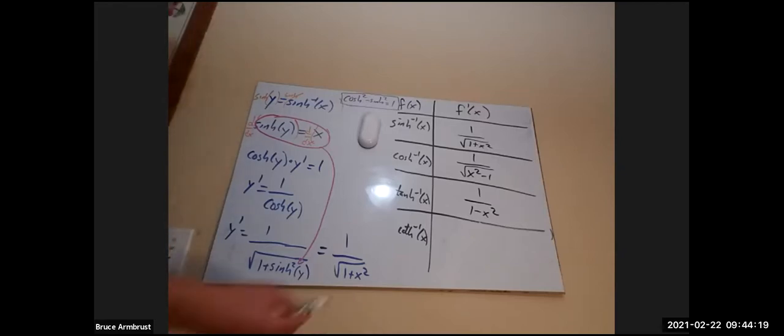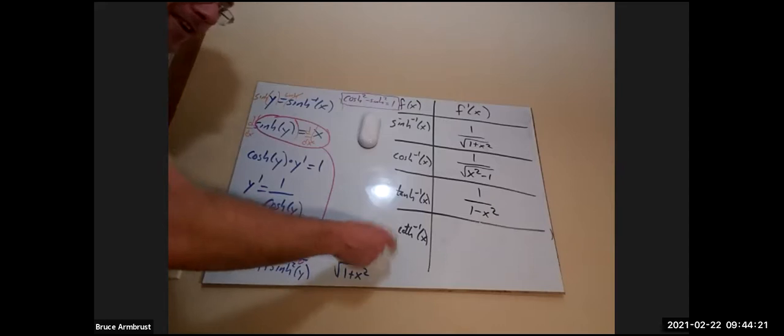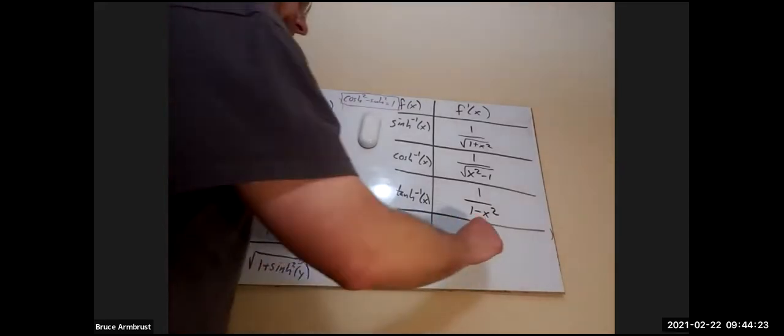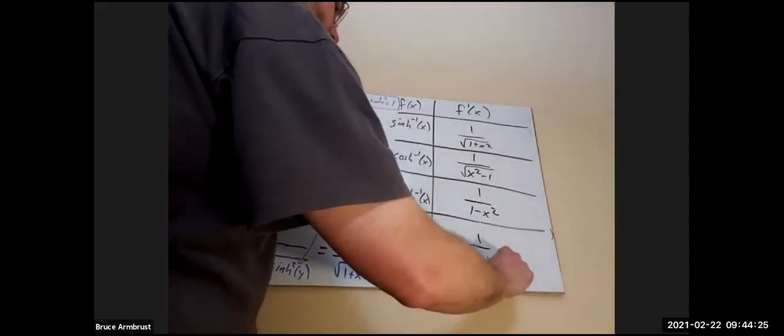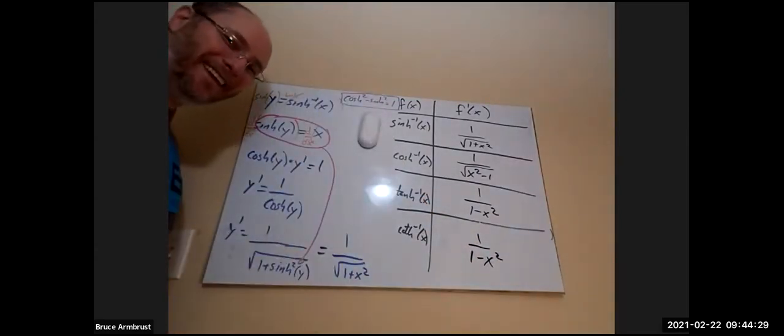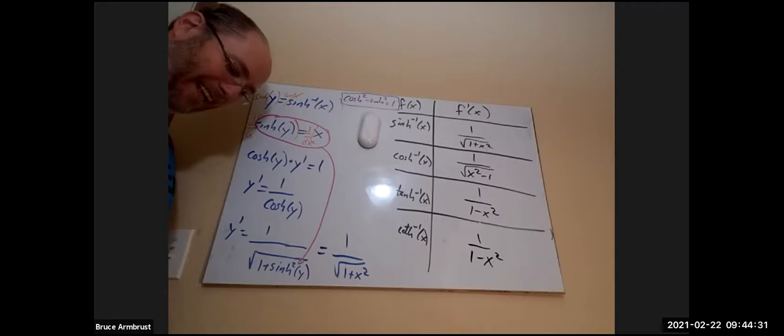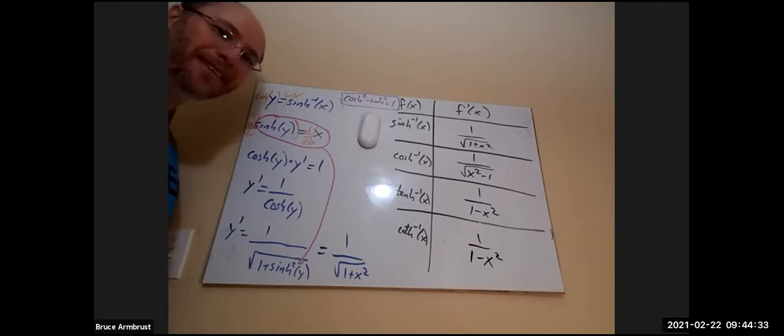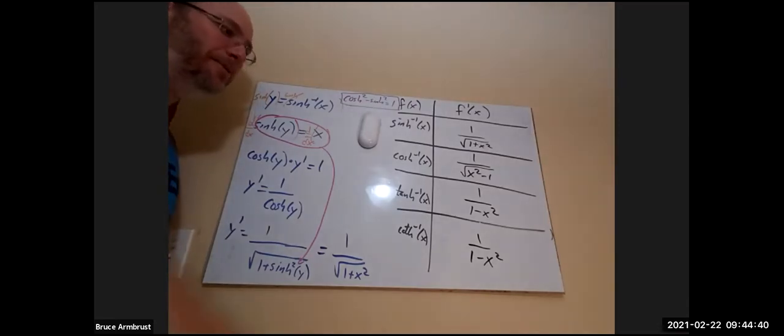All right, now this one's kind of crazy. Inverse coth, its derivative is exactly the same thing. Okay, so now this definitely you got to go, wait a minute. Well, we'll talk about this in a second.